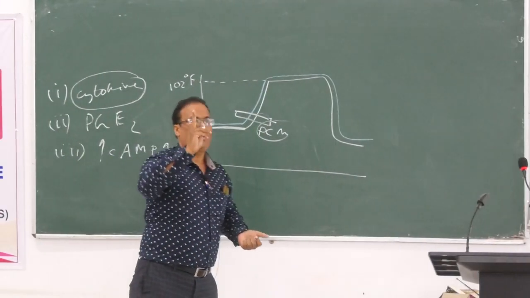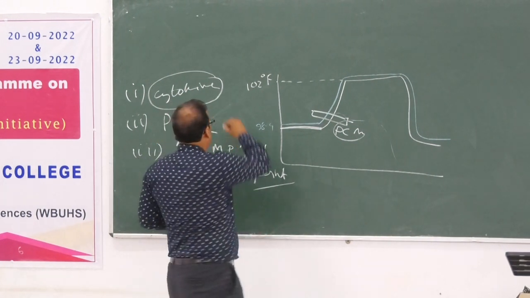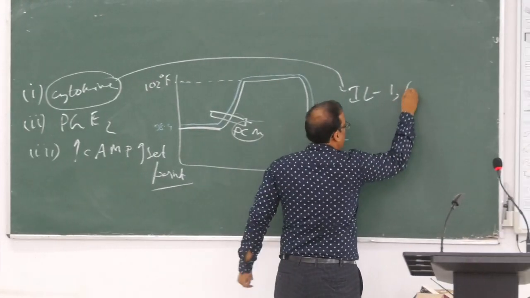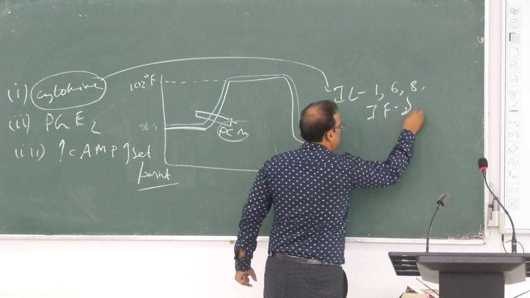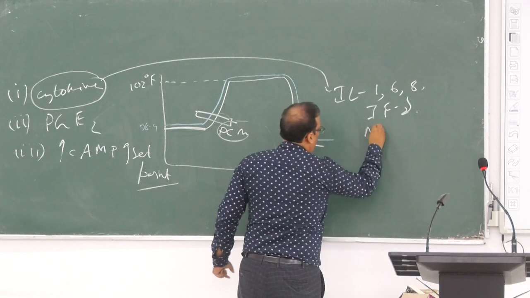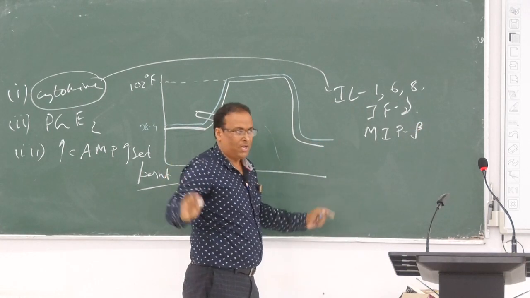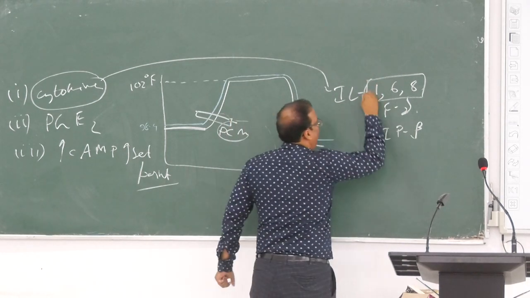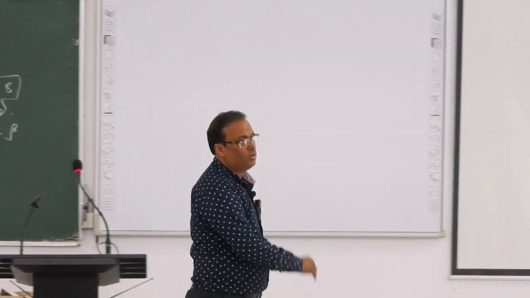So one of the important cytokines that is important for raising your temperature is interleukins. কি interleukin 1 মনে রাখ, 6, 8, আর কি হতে পারে? ইন্টারফেরন গামা, আর কি হতে পারে? ম্যাক্রোফেজ ইনফ্লেমেটরি প্রোটিন বিটা, মনে রাখার দরকার নেই অত। So these things are very much important, and within these, interleukin 1 is the most active and most potent cytokine for the formation of PGE2.